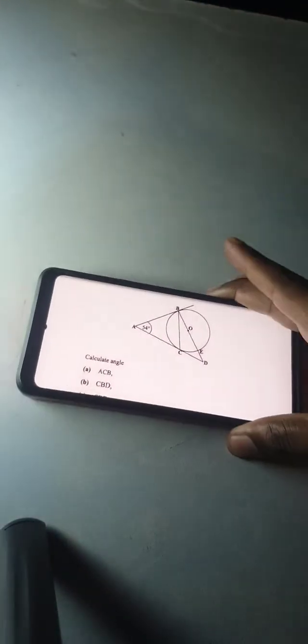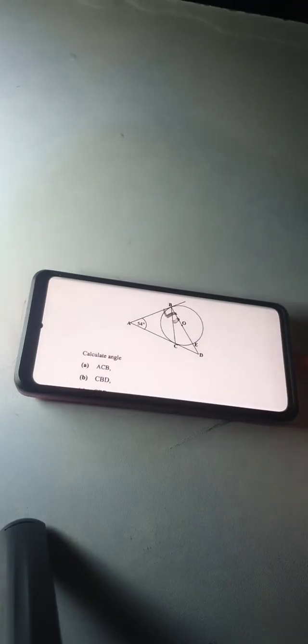The next question is saying angle CBD, this angle right here. For us to find that angle, we have the radius from the center to the circumference. That's our radius. Now understand that when the radius meets a tangent, it forms a right angle, meaning a 90 degrees angle.